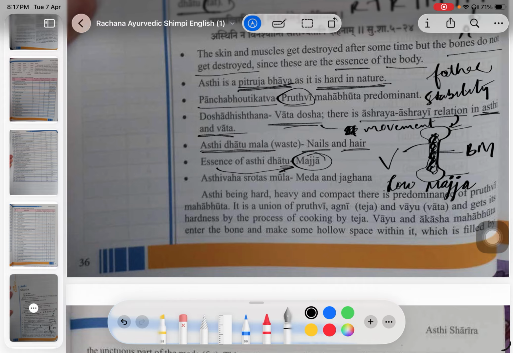Ras, Rakt, Mas, Med, Asthi, Majja, Shukra in a chronological order. Asthi with Srotas Mool, Med and Jangha. Okay. So, where do the Srotas, the channels of Asthi remain? They lie in Med and Jangha, the thigh region you can think of, right?